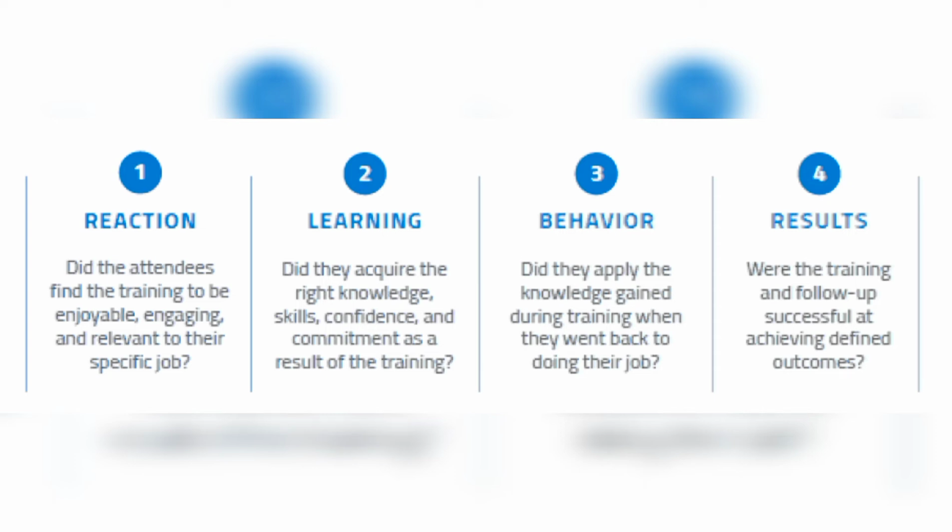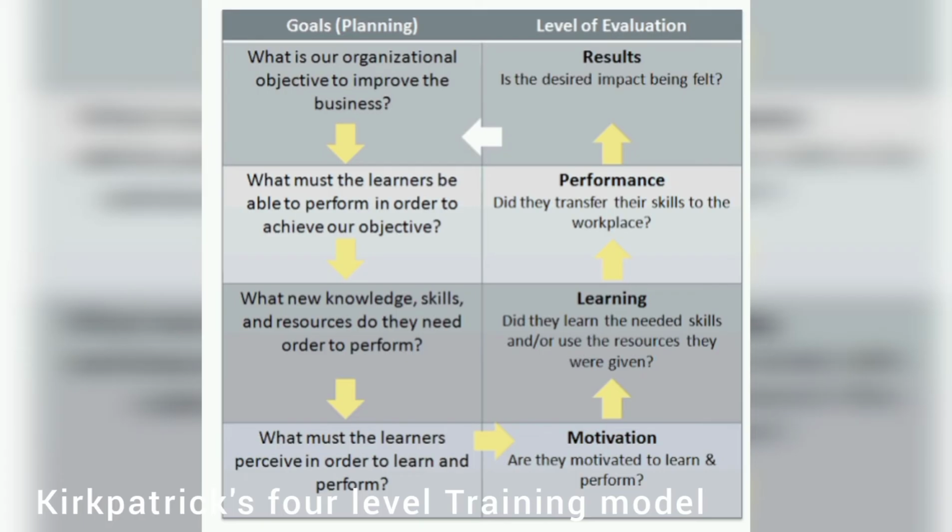Donald Kirkpatrick formulated this, and he first published this model in 1959. He updated it again in 1979 and again in 1993. Each successive level of the model represents a more precise measure of the effectiveness of the training program.